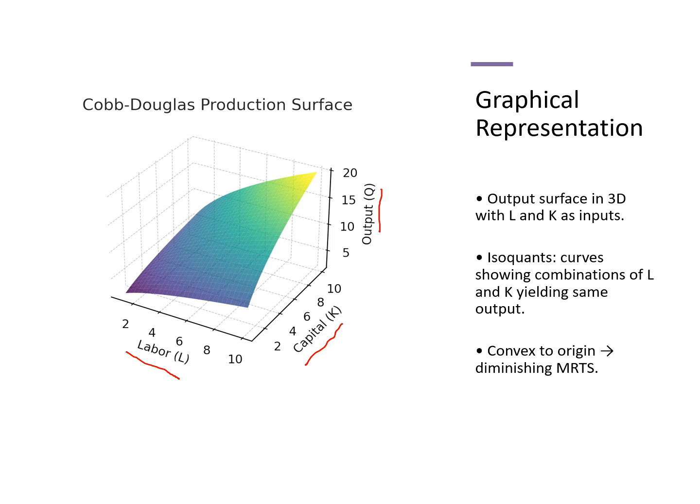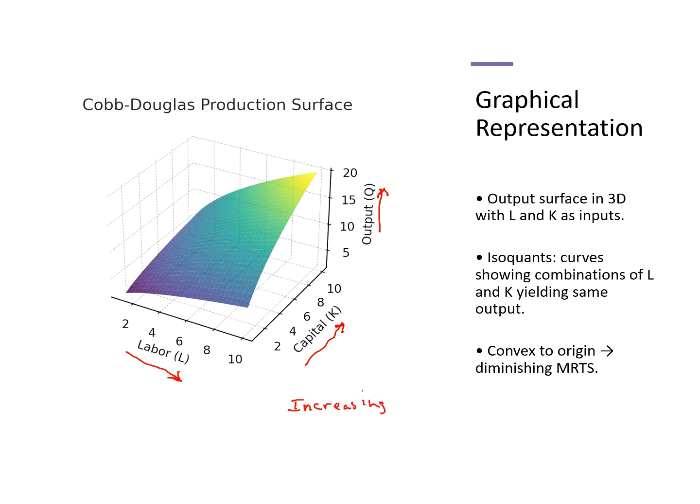So we have a 3D surface, and as we increase our labor and/or our capital, our output should go up. Now the question is, how much does it go up? Does it go up with increasing returns to scale, or constant returns to scale, or decreasing returns to scale?